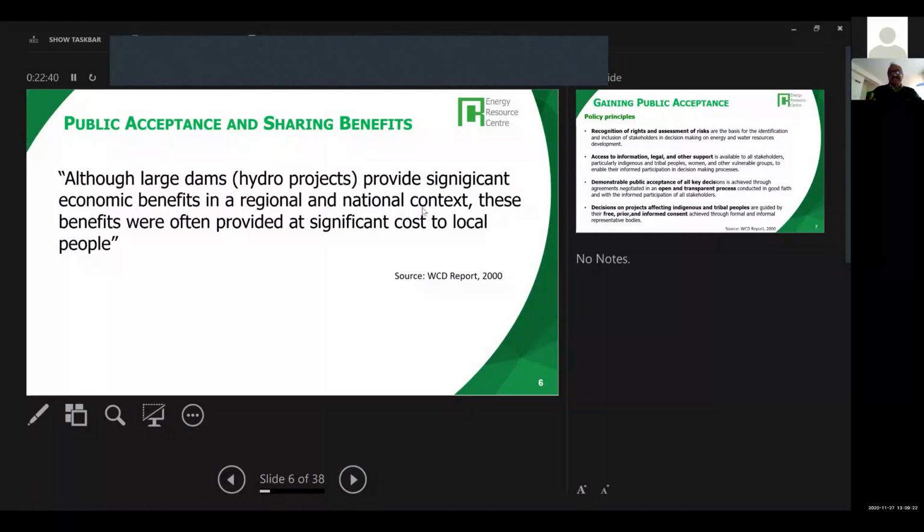What it says is that the local communities suffer the brunt of these impacts, whereas the power is evacuated to another region, to the national grid. So this is an important factor we have to consider, especially when you are designing and planning for large hydropower projects.